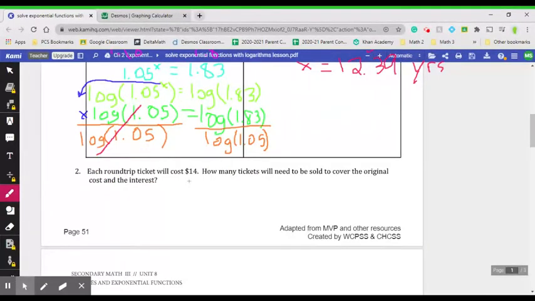So if we put that in our calculator, it comes to basically 235 million tickets. So it would be quite a lot of tickets for this rail system to cover itself, for sure.